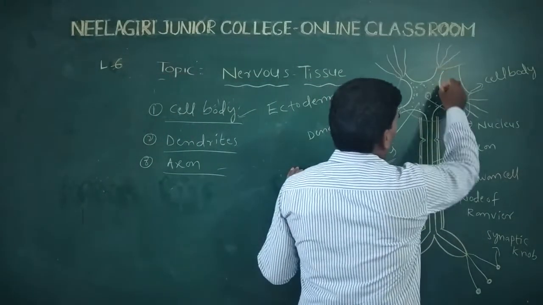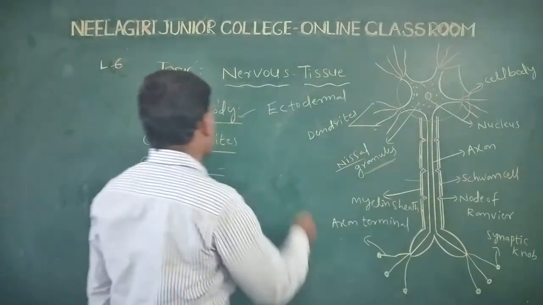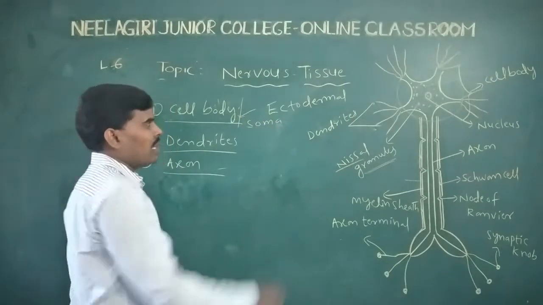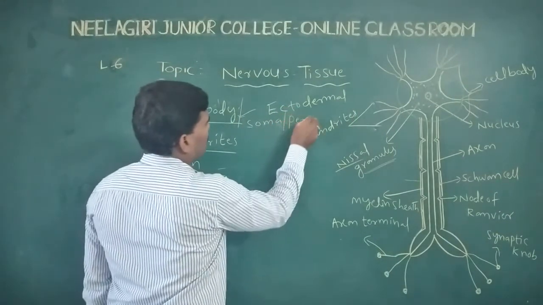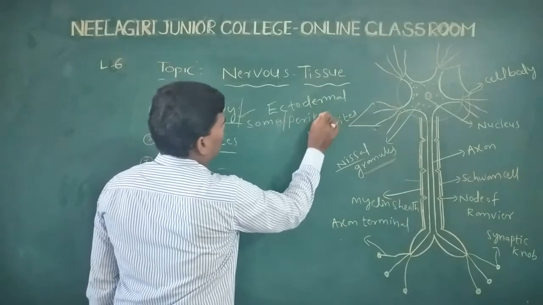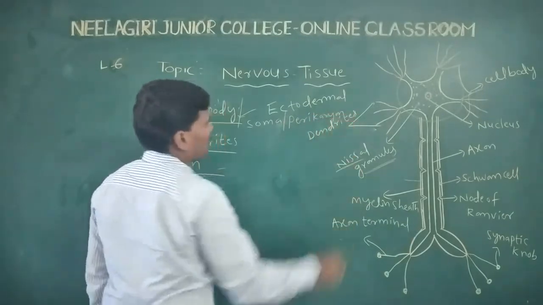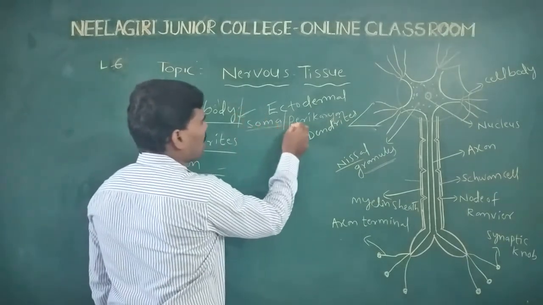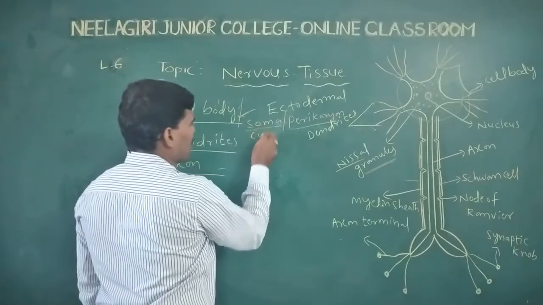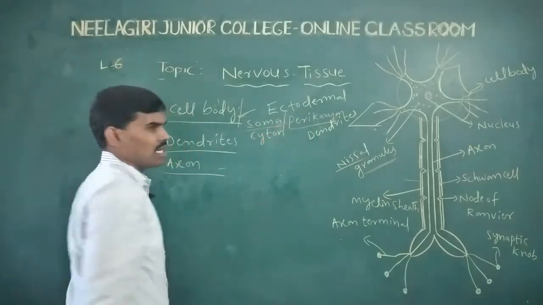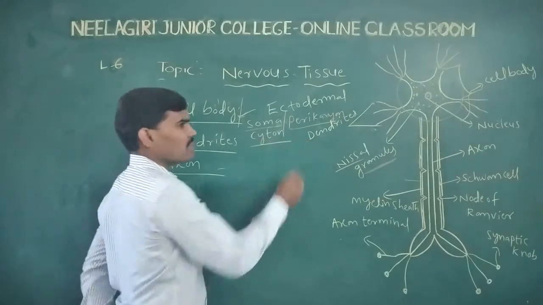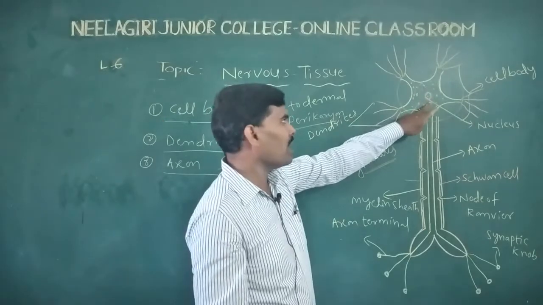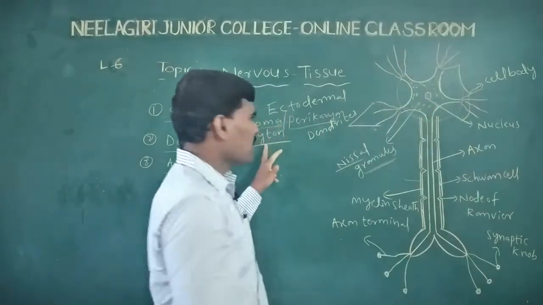The cell body's other names are soma, perikaryon and cyton.